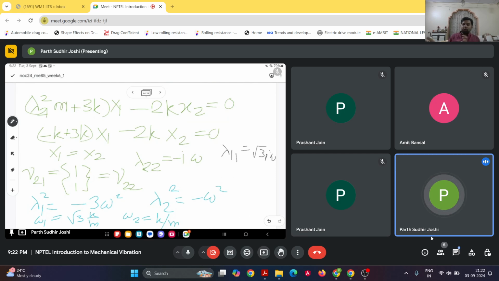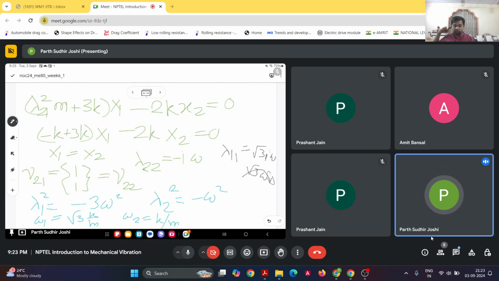So using the same logic that lambda is equal to I omega, whatever omega part we have is the natural frequency. So root 3 omega into I. Forget this I part.